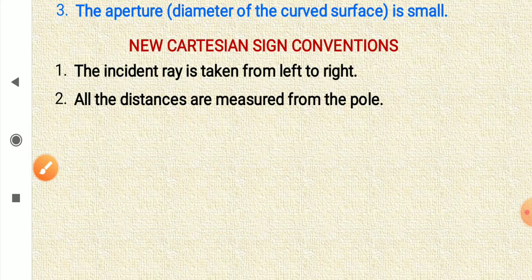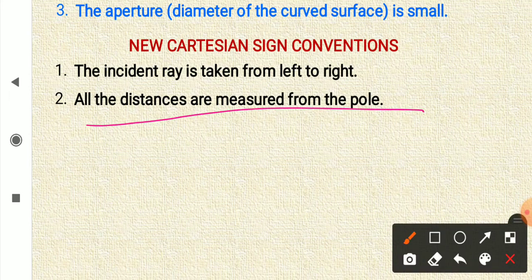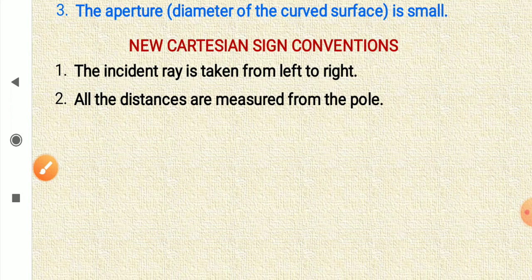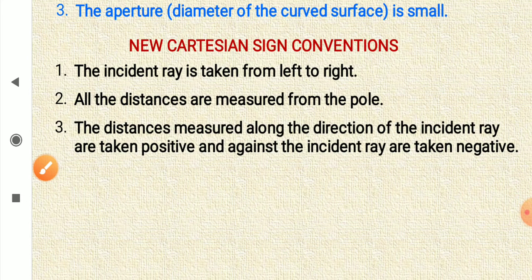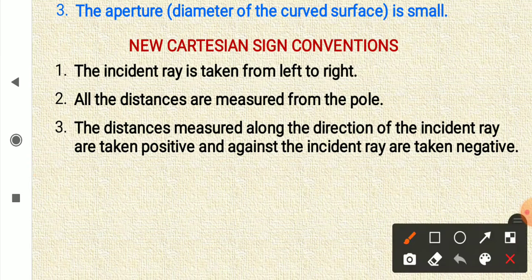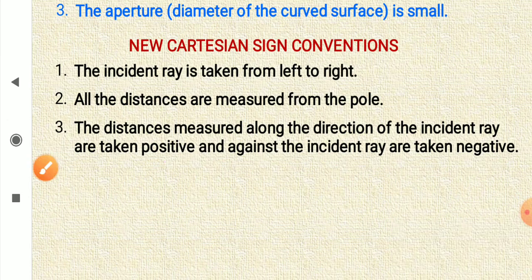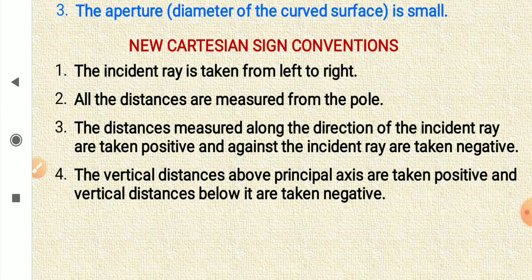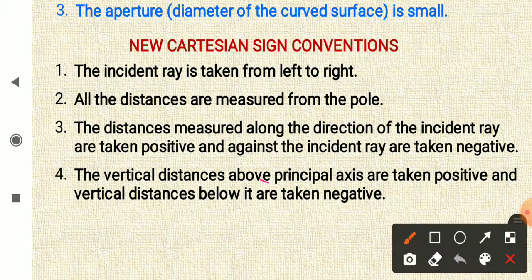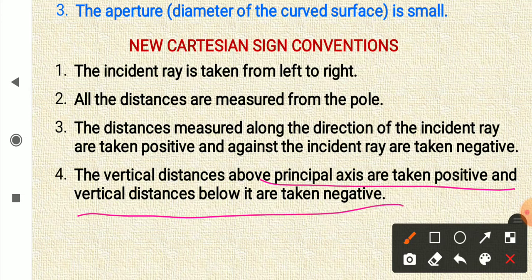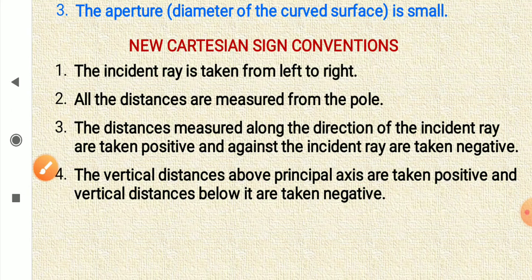Then all the distances are measured from the pole, and the distances measured along the direction of the incident ray are taken as positive, and the distances taken against the incident ray are taken as negative, and the vertical distance above the principal axis is taken as positive, and the vertical distance below the principal axis is taken as negative.